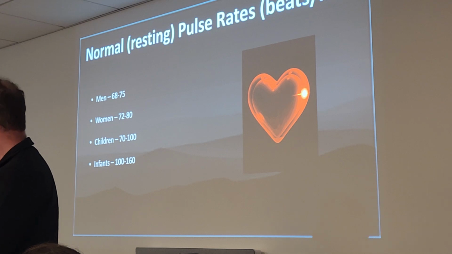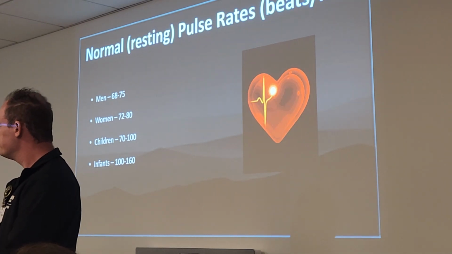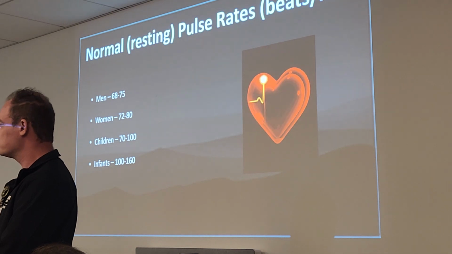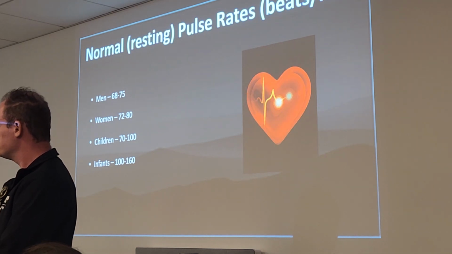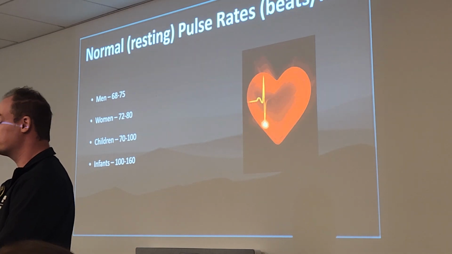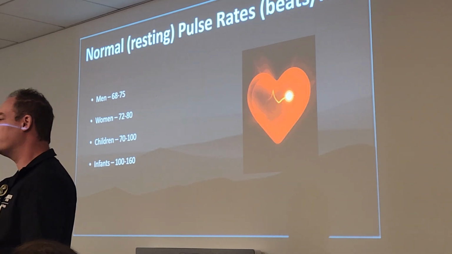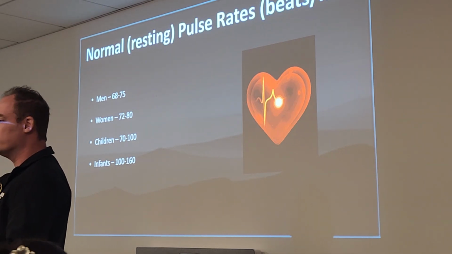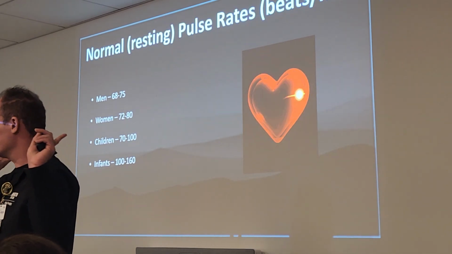Quick question, so the range of the pulse is not 60 to 100? On the notes, for children, it's 70 to 120. You're going to have slight variances. These are the most common ranges as far as the question types you're going to get. You will see slight variances, but these are the numbers I want you to focus on.